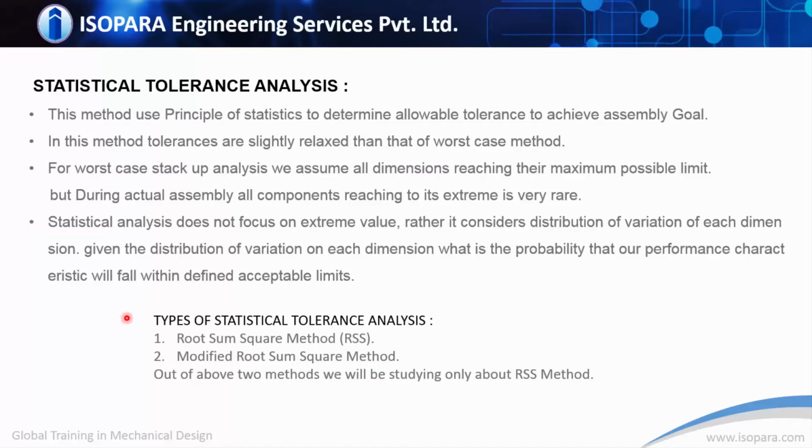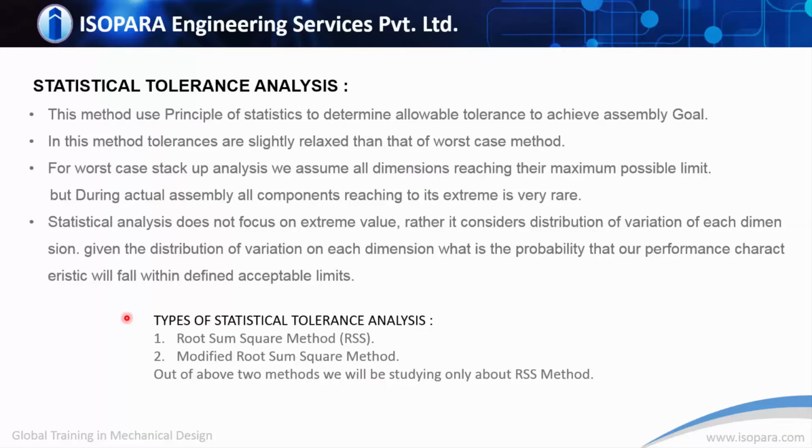Statistical analysis does not focus on extreme values of a given component. Rather, it considers the distribution of variation of each dimension. By knowing the distribution of variation of each dimension, what is the probability that our performance characteristic will fall within defined acceptable limits?